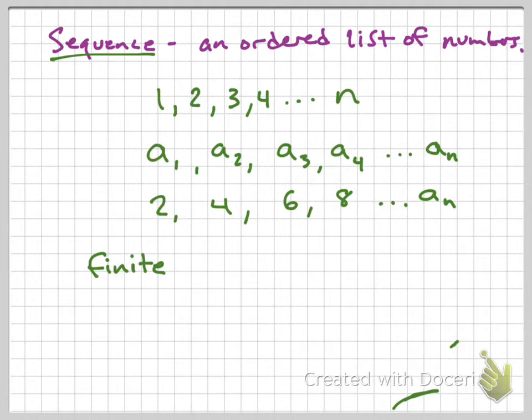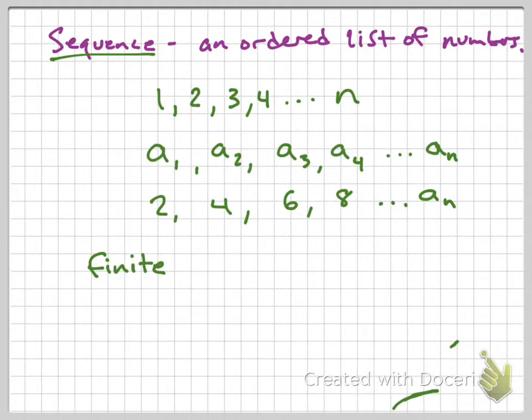So the thing is, with these, we can start to determine some properties. For instance, if something goes up by a constant addition or subtraction, we call that an arithmetic series. Whereas if it goes up by a constant multiplier, we call that a geometric series.